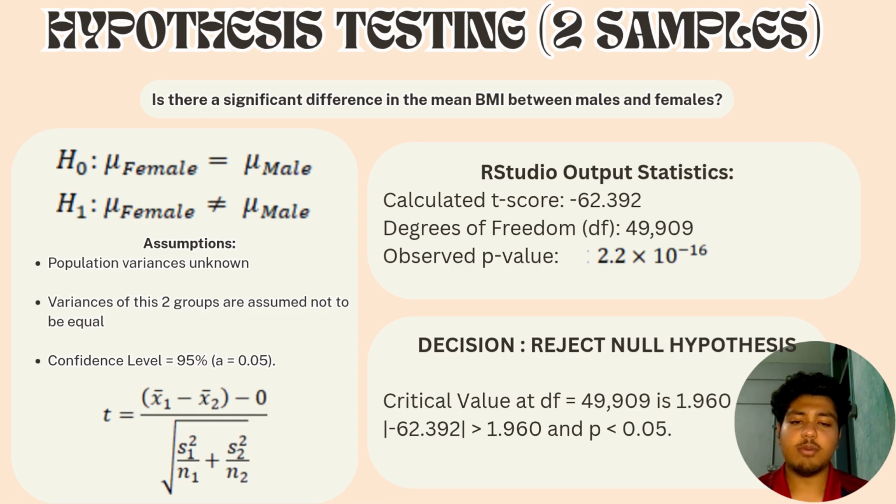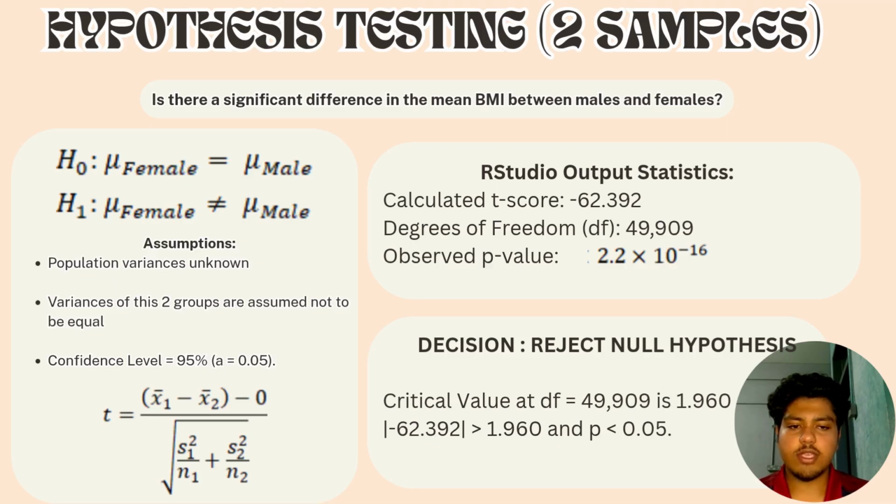Our alternative hypothesis, H1, claims that they are not equal, because the true population variances are unknown and the sizes vary slightly. We ran a two-sample t-test under a strict 95% confidence level, meaning our alpha significance line is set at 0.05.